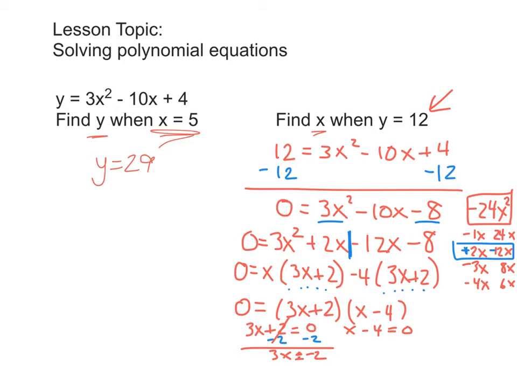If we divide this side by 3 and we divide this side by 3, we're going to end up with x equals -2/3. Okay, and on this side over here, we're going to add 4 to both sides, and we're going to get x equals 4. And those are our two solutions.